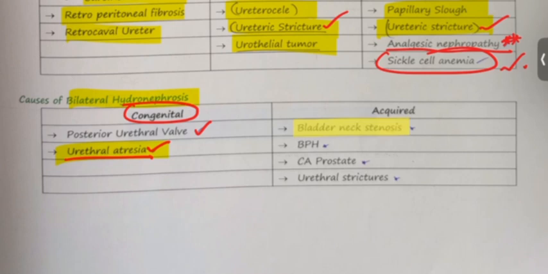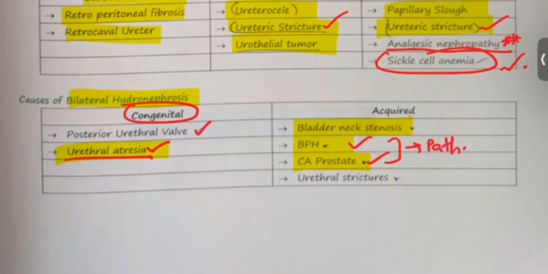Acquired bladder neck stenosis. So nothing goes down from the bladder. BPH, again it is surrounding the urethra. So when BPH happens, it is nothing but hyperplasia. So because of that there will be obstruction of the urethra. If the urethra is obstructed, everything will be back flowing. So because of that again there will be bilateral hydronephrosis. Similarly, carcinoma of the prostate, BPH or carcinoma of the prostate, same will be the pathology.